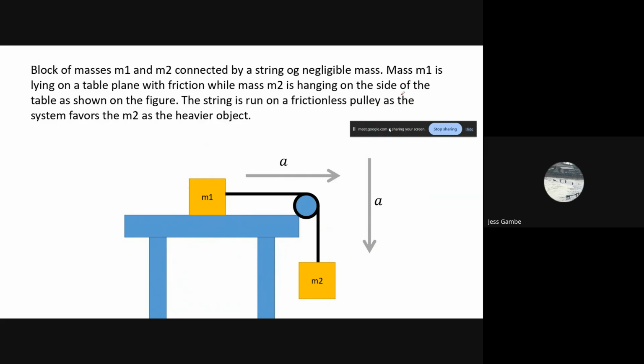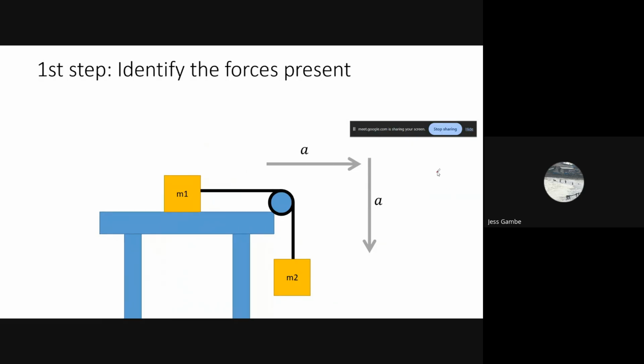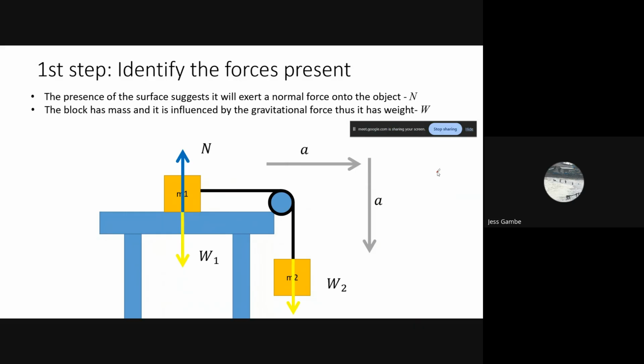So meaning bukat ang M2 and it appears to be moving downwards. So we have to identify the forces present. Normal force kay na kay surface. At of course, napod kay weight 1 and weight 2. So wala siya yung normal force 2 because wala man siya surface dira.